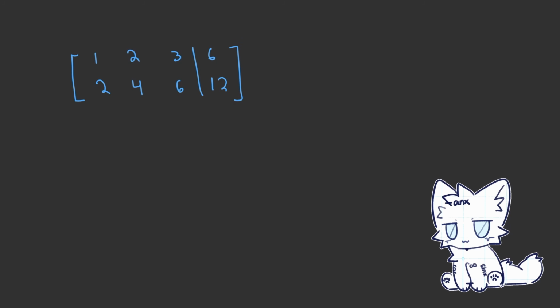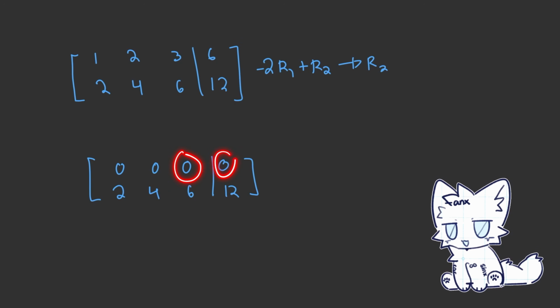Well, you can see here if we do negative 2 row 1 plus row 2 to get the new row 2, you will see that once you perform this operation, you'll get this row of zeros, which you can then move to the bottom, and 0 is equal to 0. This has infinite solutions.